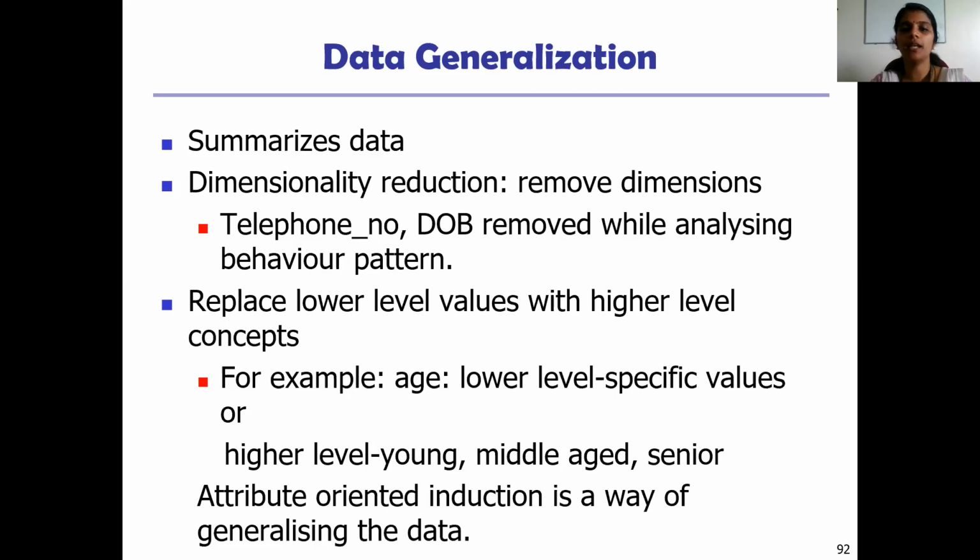Likewise we can group the age. This is also a way of summarizing or generalizing the data. So there are mainly two ways of summarizing the data: dimensionality reduction, and using the concept hierarchy or grouping, where you replace lower level values with a higher level concept.